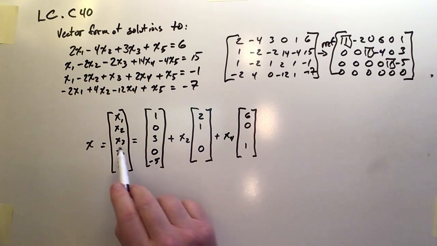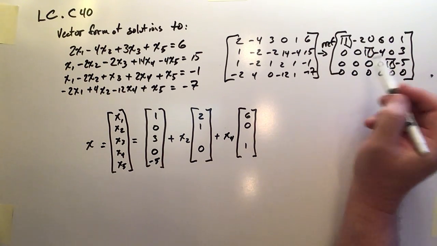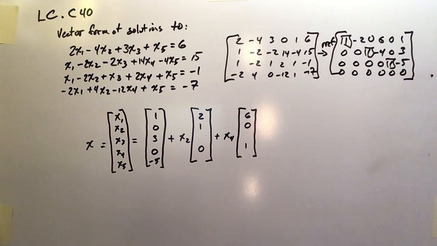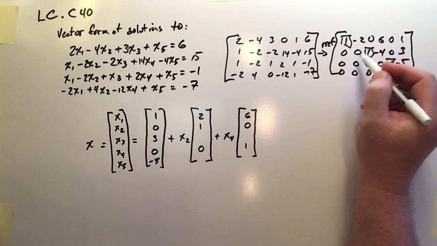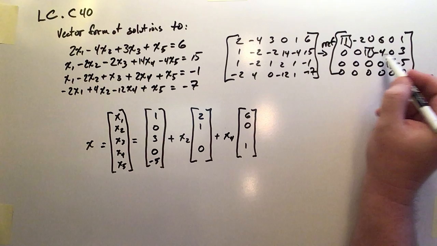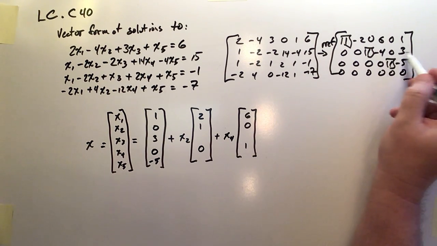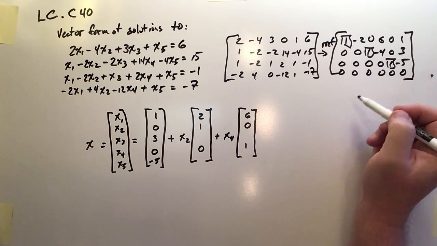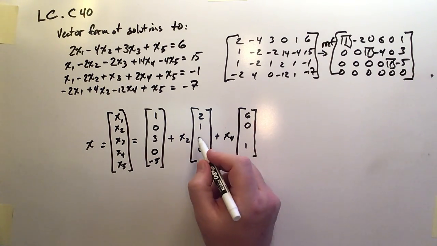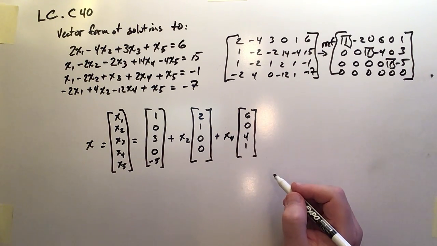The same thing will happen for x3. Again, x3 is going to be 3 minus, or when it gets to the other side, positive 4 times x4. So this gets a 0 in the x2 column and a 4 in the x4 column.